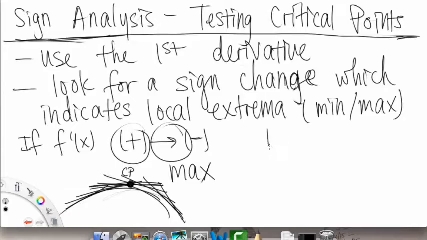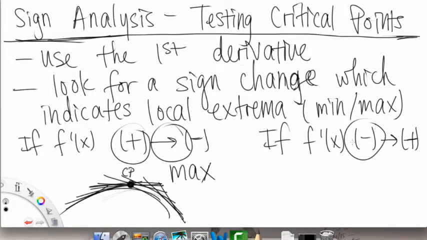Let's examine the other case. If our f prime of x switches from negative to positive as it passes through 0 or undefined, or does not exist, then we started off with a negative slope of the tangent line. Negative slope, negative, still negative. But then at some point it hits 0. Here the slope of the tangent line is 0, so f prime of x is 0.